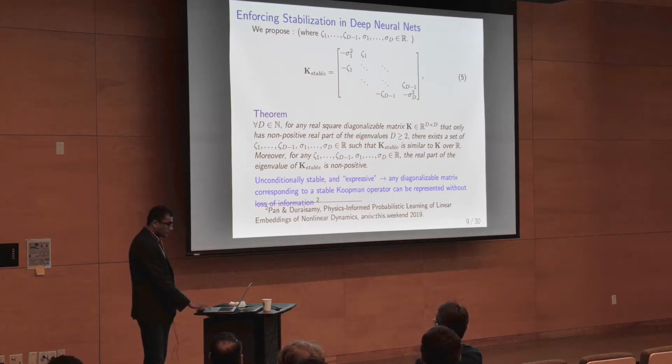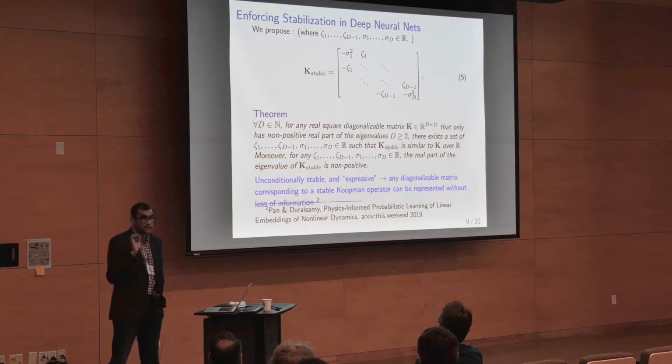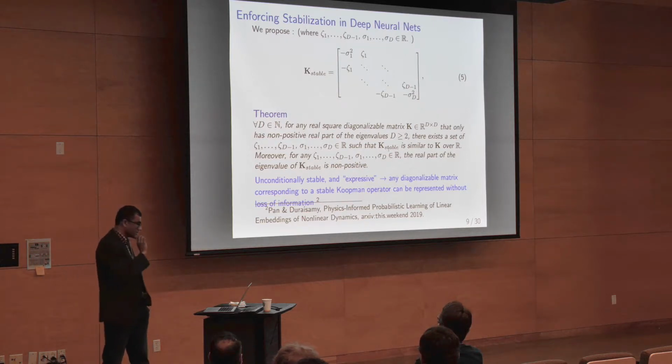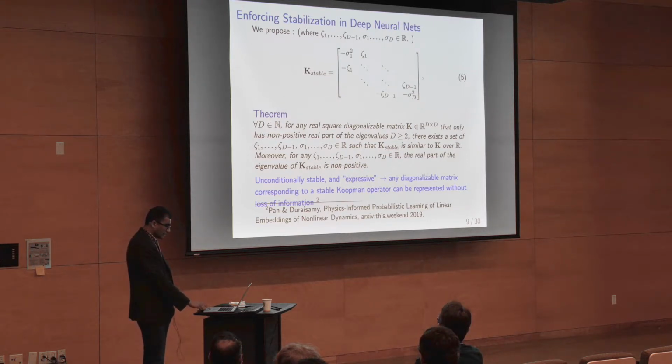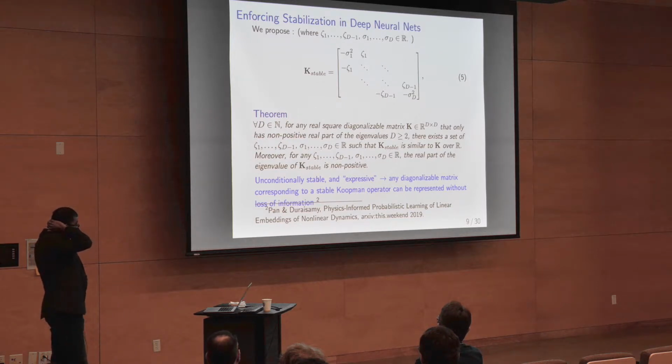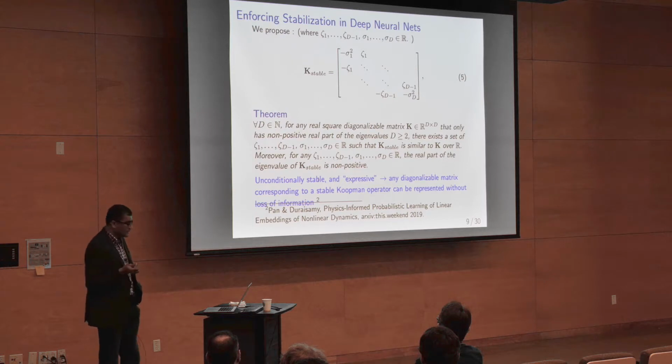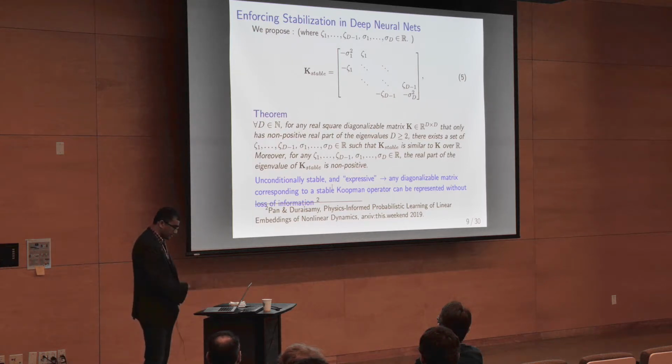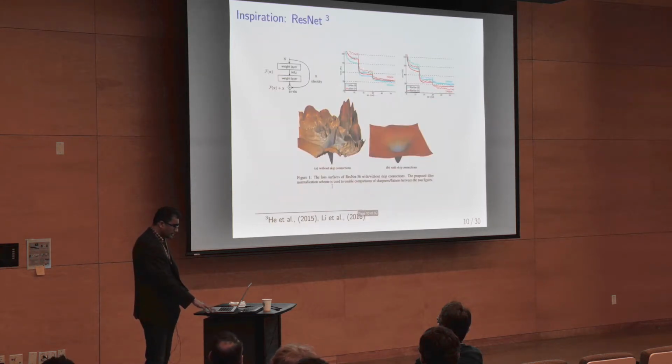If the true operator matrix has all non-positive real parts, then you can show that this specific parameterization gives you a K-stable, the stabilized version of it, that is similar to K. Okay, so the nice thing here is we get unconditional stability, and at the same time we don't lose any expressivity. So that's one piece of info.